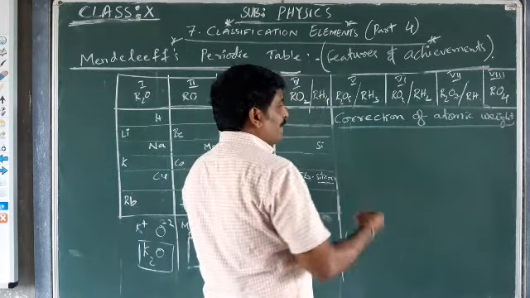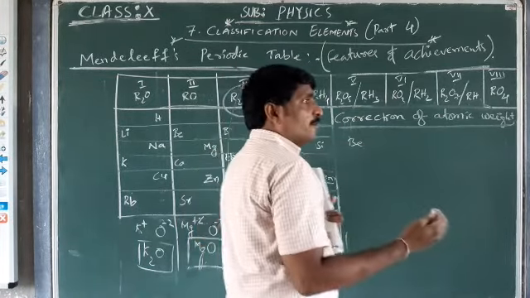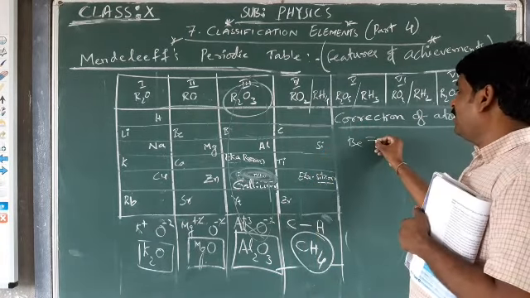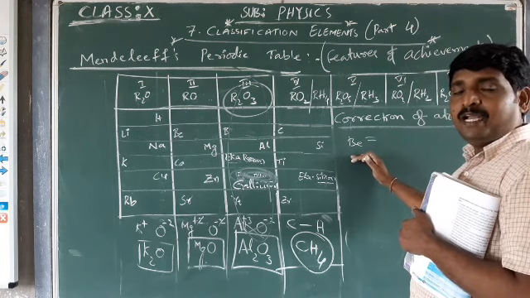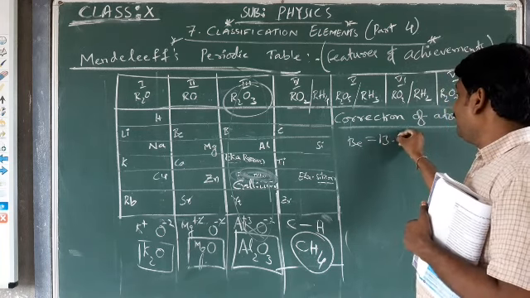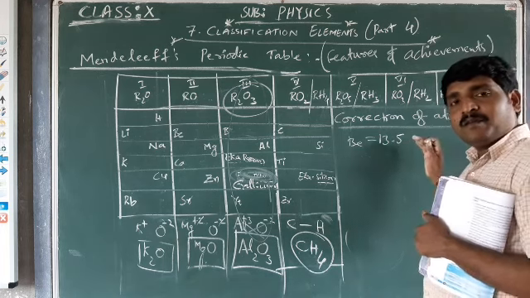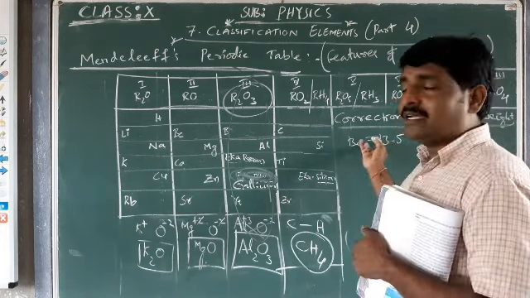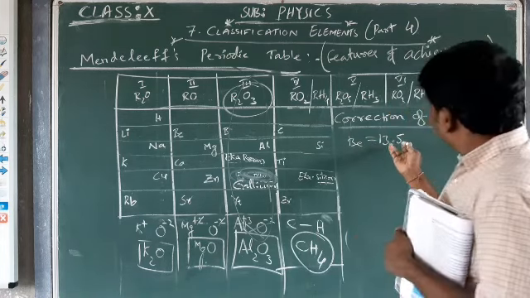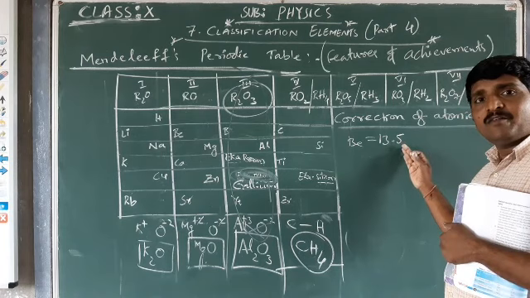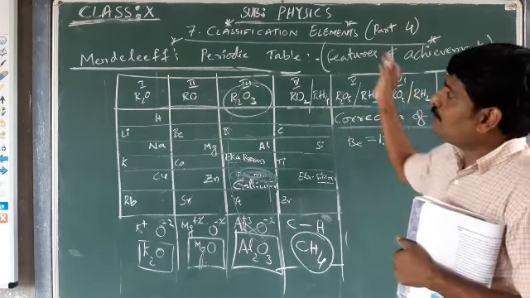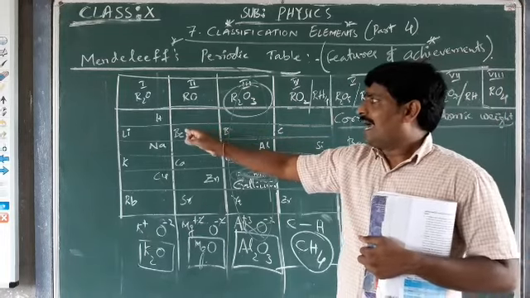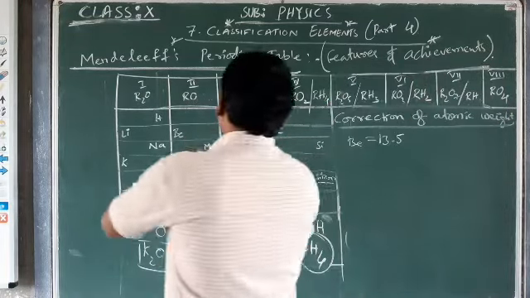What has happened for beryllium, for example? At the time of Mendeleev, beryllium's atomic weight was assumed to be 13.5. If it had been taken as 13.5, it would have been placed in another group, not after 9.